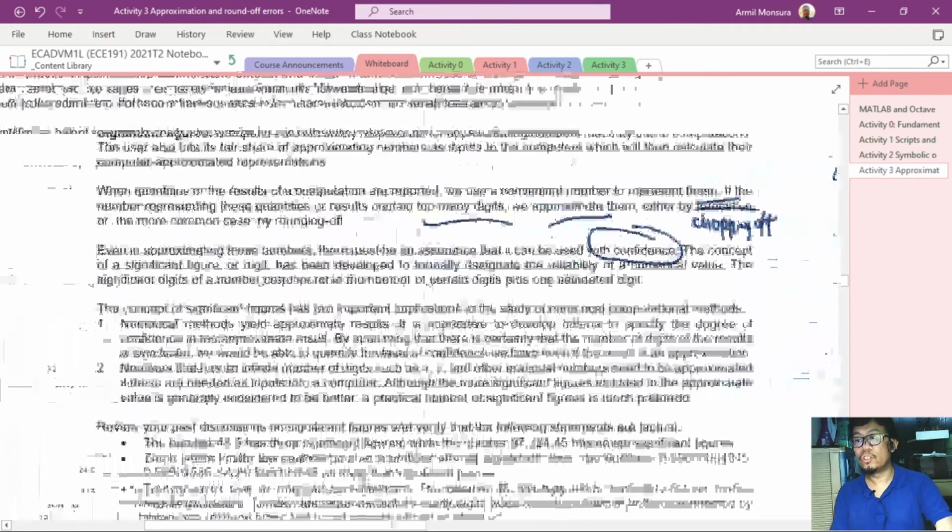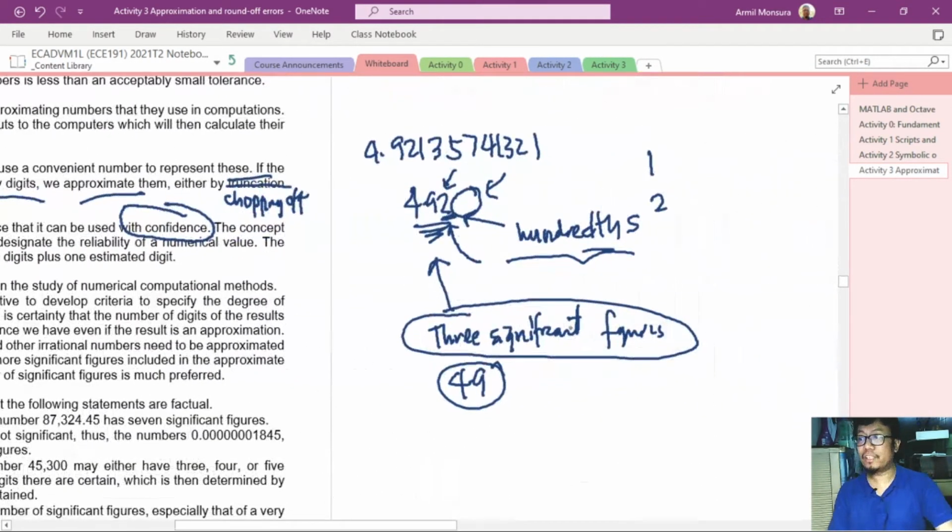Okay? So it means now that our answer, if your answer is expressed in three significant figures, that means now that our answer is correct to the tenths place. Okay? So, ibig sabihin, sigurado tayo na yung tenths place, tama. Okay, we have assurance that our tenths place is correct. Okay, so, it means that, ganun lang ka-precise yung results natin.